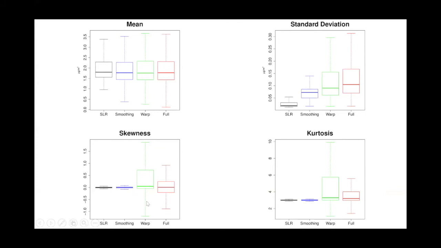So skewed means it's not necessarily symmetric around zero. Whereas kurtosis, having higher kurtosis means it has thicker tails. Which means more and more uncertainty in these models.